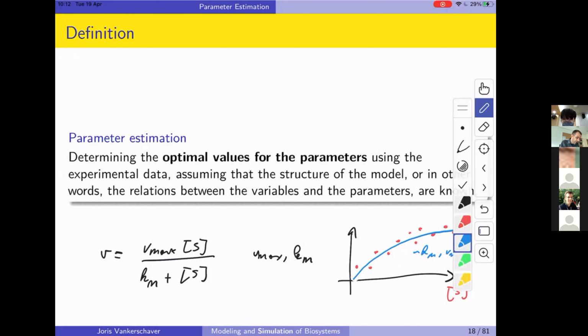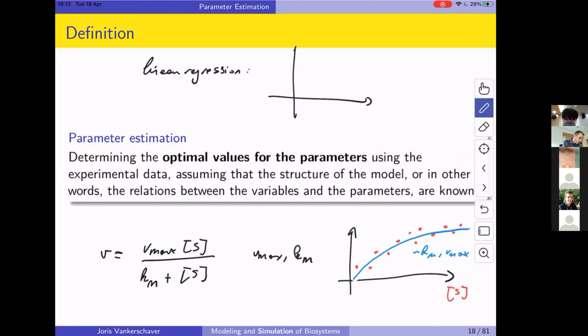And we've already done that when we talked about linear regression. So for linear regression, we did something like that already. So let's say we have some data points like this that, roughly speaking, look like they could be linearly distributed.